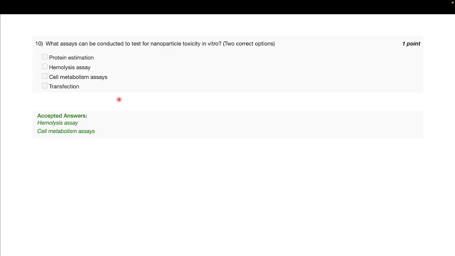So let's say you're doing gene therapy, you put a DNA in the mammalian cells. So that is a completely different concept from your nanoparticle. There's no delivery of nanoparticle happening here, right? So whether your DNA is getting into the mammalian cells or not is not going to tell you whether whatever you have delivered is toxic to the cells or not. Makes sense? Yes. Yeah. Thank you.